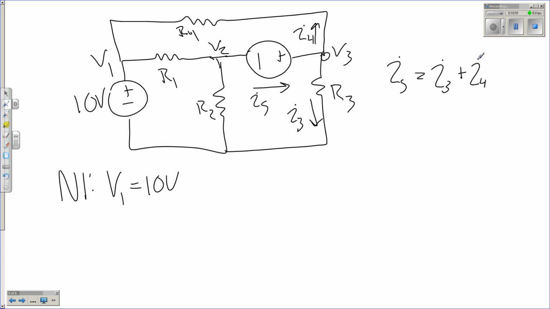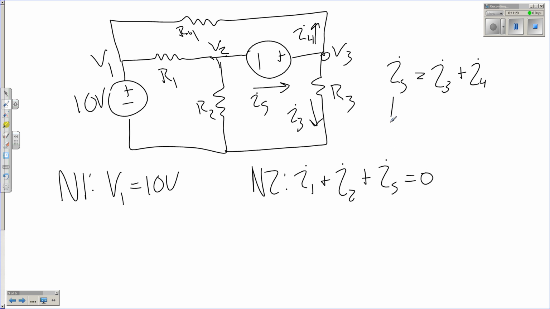Okay. Now let's try this node voltage equation. We'll start off real simple. I'm going to start off with just the currents, without any substitutions. So first I have I1, current over R1, plus I2, current down that resistor R2, plus IS, right? These have to equal 0.